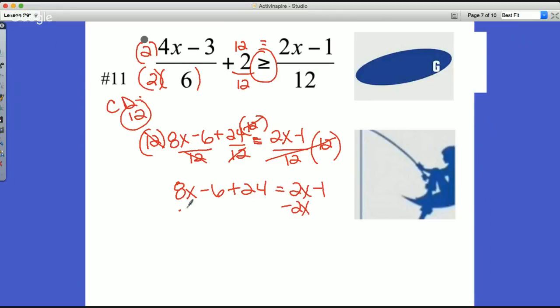I'm going to subtract 2x on both sides, leaving me with 6x. And I'm going to add this here, so that's plus 18 equals -1. That's where I can subtract 18, to get 6x is equal to -19.